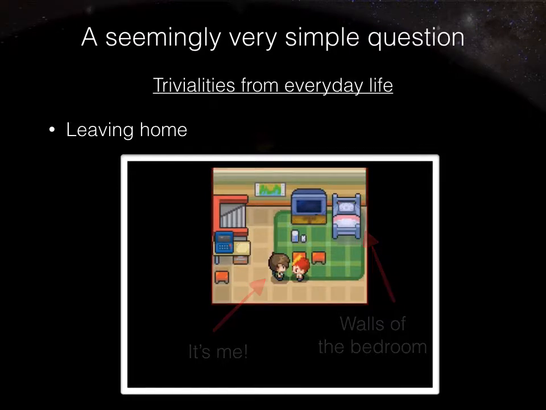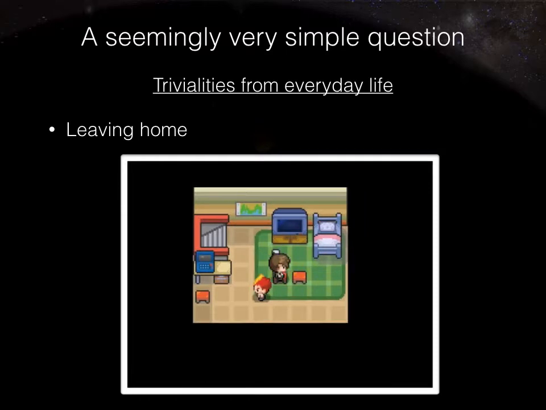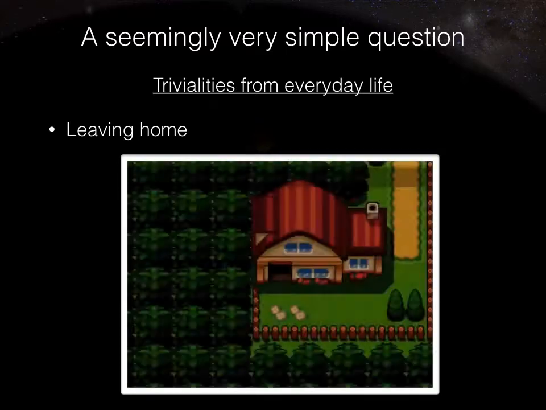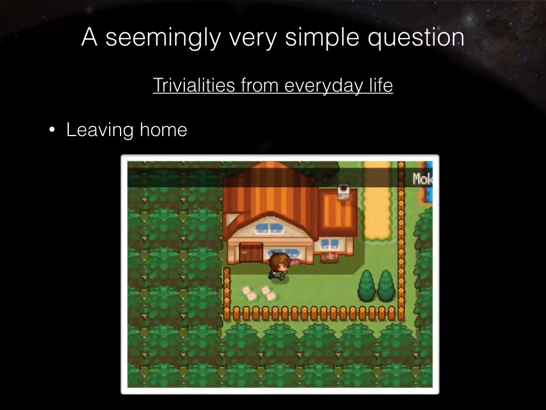Now, if this player wants to leave the bedroom, he goes via the stairs and then he leaves them, and then he can also exit the house. And it's obvious that you exited the house. Why? Because there is not anymore any black, pitch dark color, and also because you are outside of the walls of the house, and therefore you know you're outside of it. So that's the first thing to notice. Okay, you can leave your house, you know that because you are outside of the walls of it.